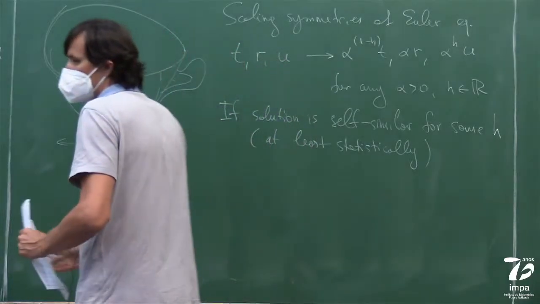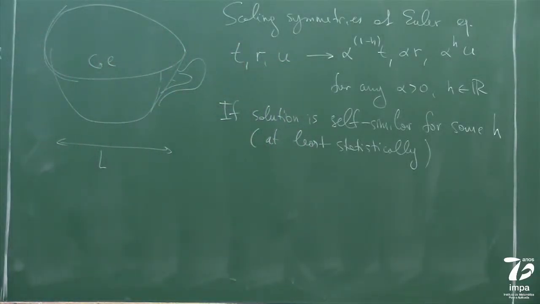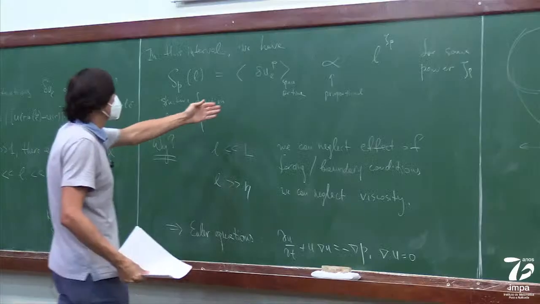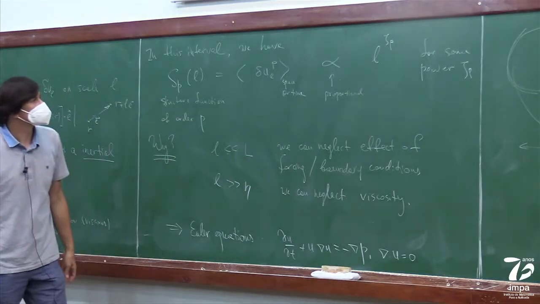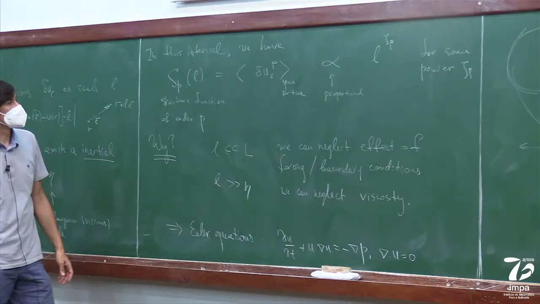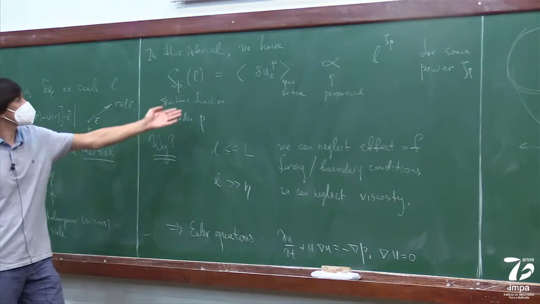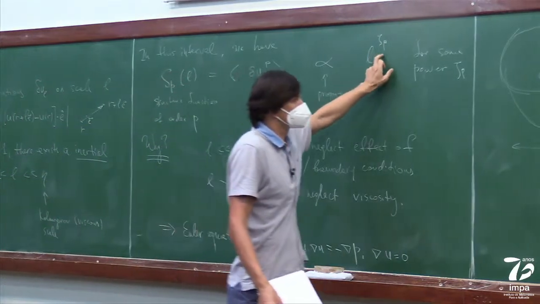It means that you don't need to get exactly the same solution, but at least it's the same in the sense that statistical averages will be the same. Then automatically you can compute zeta p.